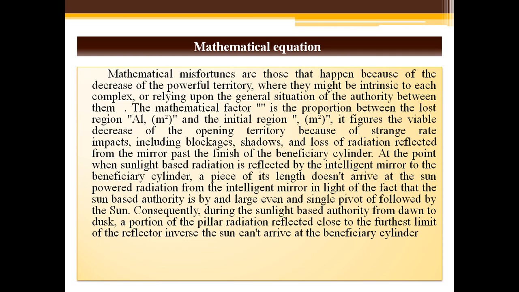Now, the mathematical equation. Geometric losses are those that occur due the reduction of the effective area, where they may be manifold or depending on the relative position of the collector between them.